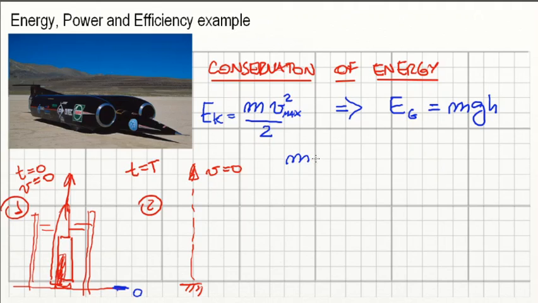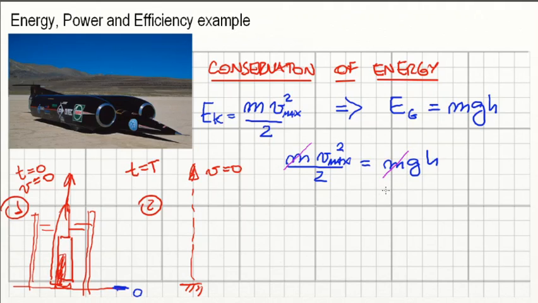And that's pretty simple now, because we do have a reasonable amount of unknowns. We're going to cross a few things out, and we want to calculate the height. So we know here that mass, we can cancel it out.